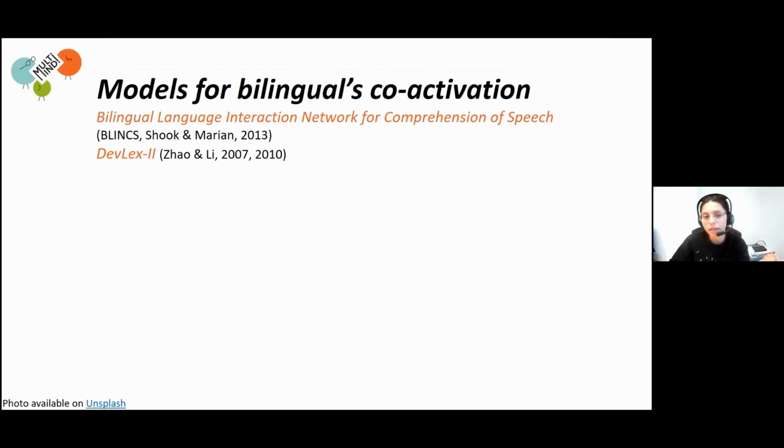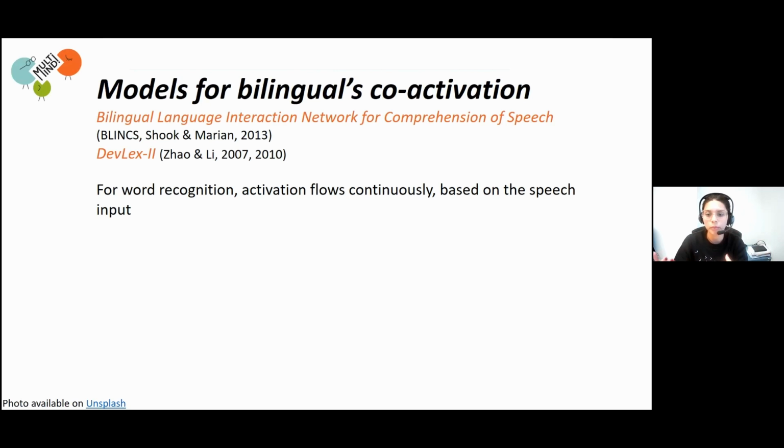In general, this model says that for word recognition or speech processing, the activation flows continually based on the speech input, going from a phonological level of representation, where the information related to the phonological aspect of words or speech is stored.